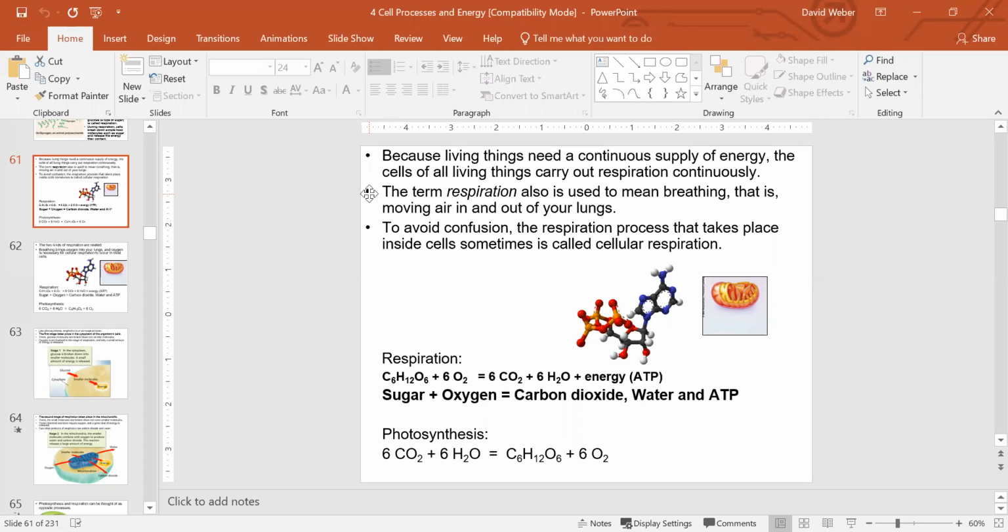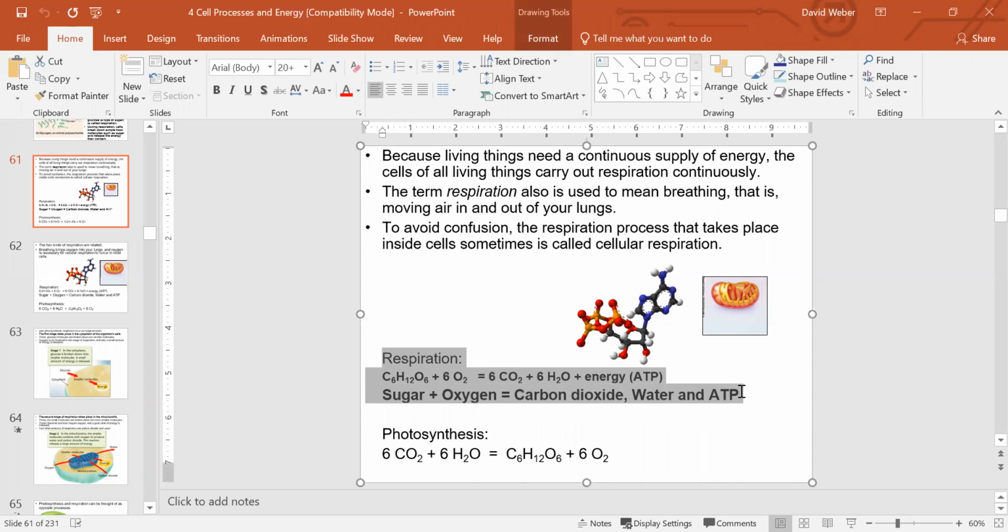Does that make sense? So what I want you to write down is the chemical formula, which is right here, and the generic names for these chemicals. So write that down. Respiration is C6H12O6 plus 6O2 equals 6CO2 plus 6H2O plus energy, which is also known as ATP.